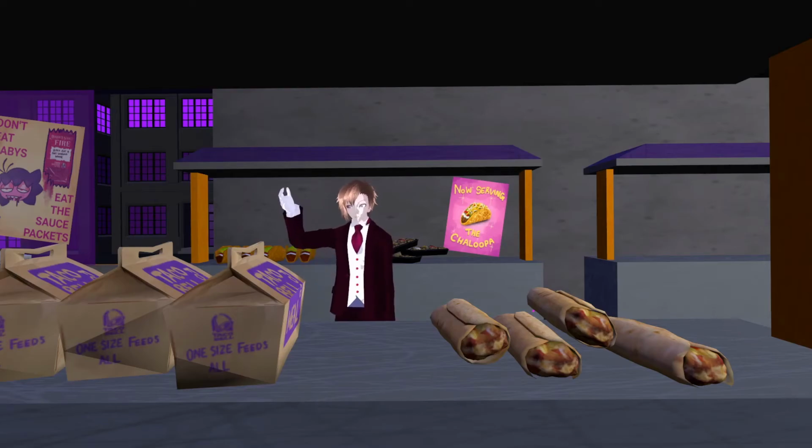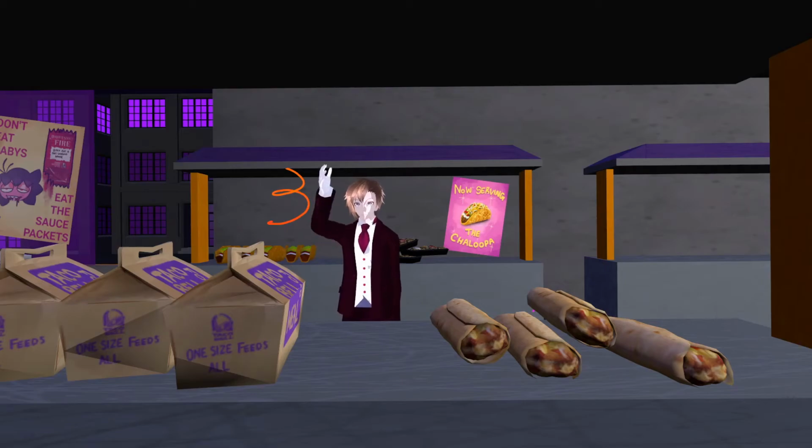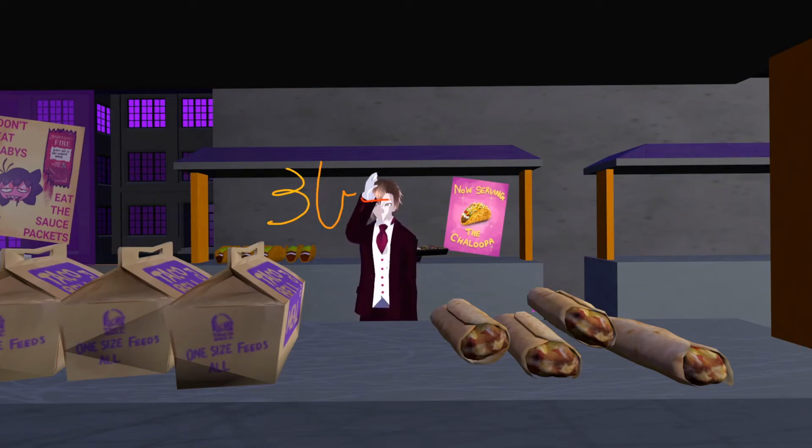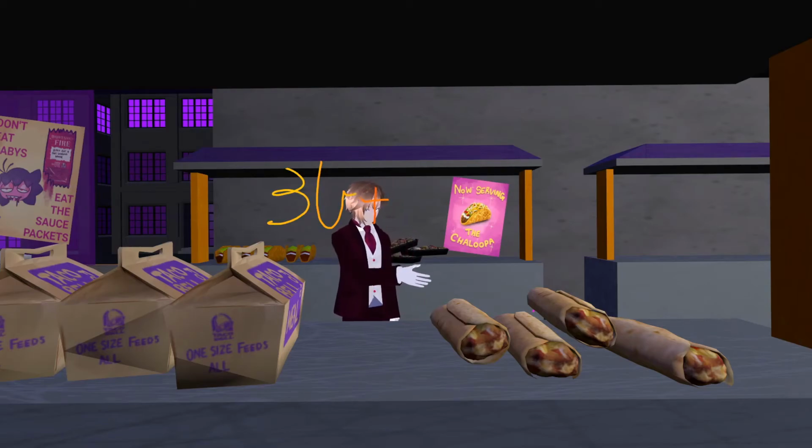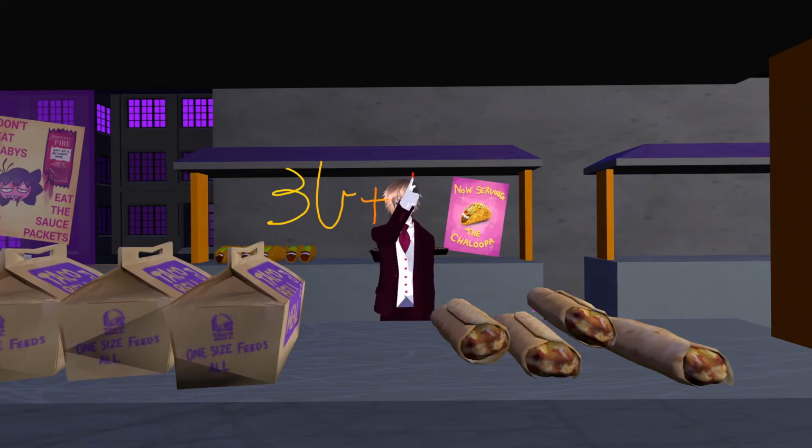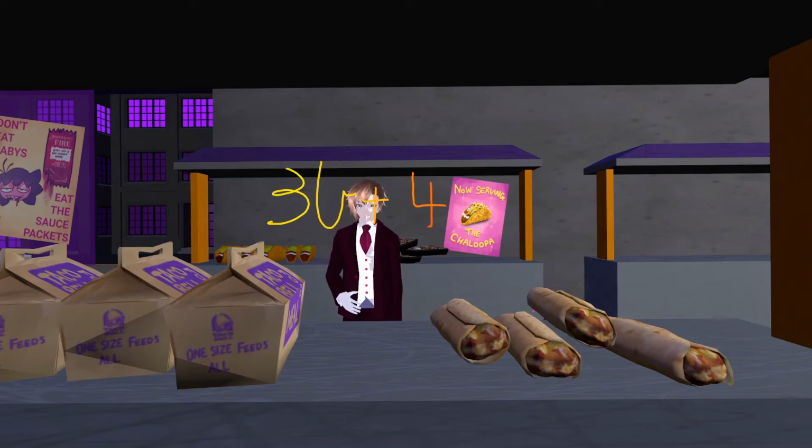I have 3 boxes, so I have 3B, and, so we do our plus, 4. So all up, this would represent how many burritos I have.